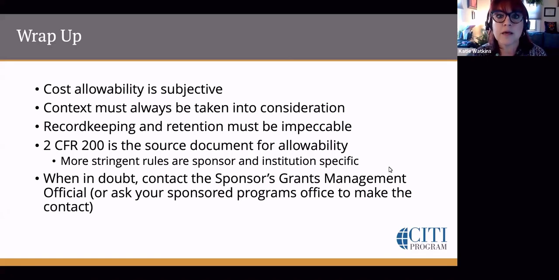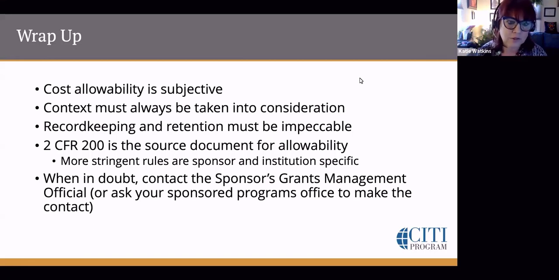And what I said is that some type of MOU should be written to ensure that those roles are delineated appropriately. So there you go. The question brought up an exception. Always take the context into consideration.